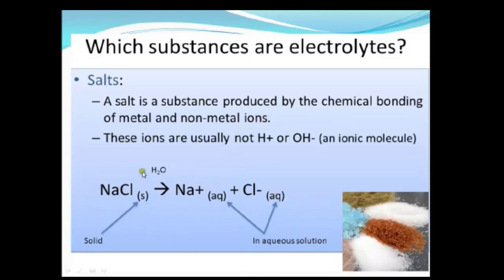So here this is sodium chloride in the solid form. When it dissolves in water, it gives you sodium ions and chloride ions in the aqueous solution. So this is the salt, sodium chloride.